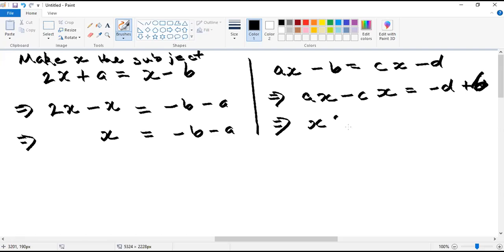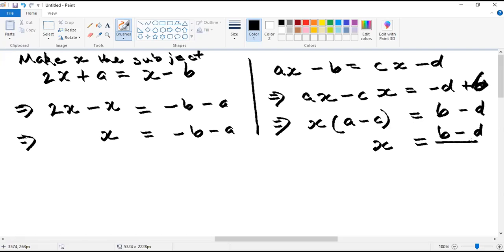We can factorize out the x, a minus c. I'm going to change the order of this to make it look a little better, so I'll put b minus d. So now I have x is equal to b minus d over a minus c.